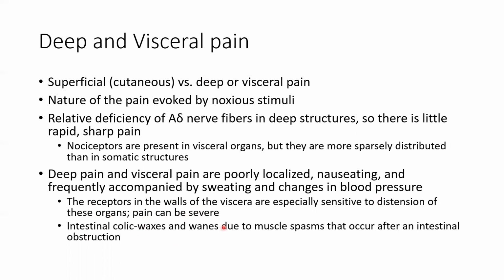It is waxing and waning due to the muscle spasm that occurs after an intestinal obstruction. That is how you differentiate the pain that you feel from your cutaneous receptors in the skin compared to the pain that you feel in the deep parts of the body, especially involving the organs.